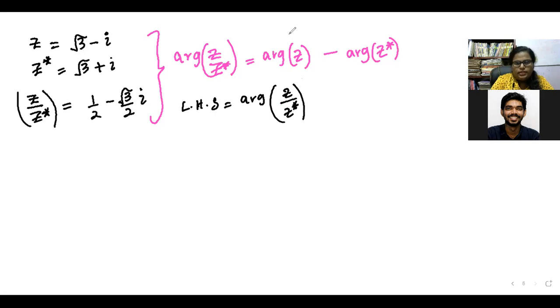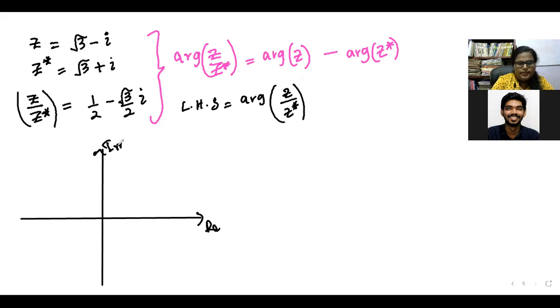So when you draw this z over z star complex number on an Argand diagram, we can draw it in the Argand diagram here. This is the real axis and this is the imaginary axis. So you know that this is our complex number, right? The real part is half and the imaginary part is minus square root 3 over 2.